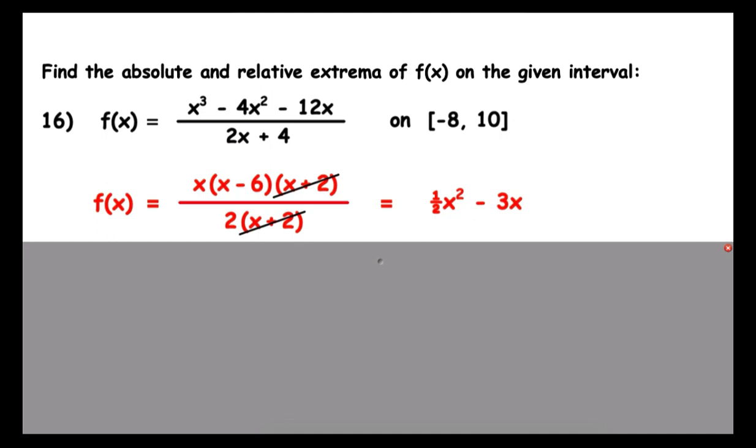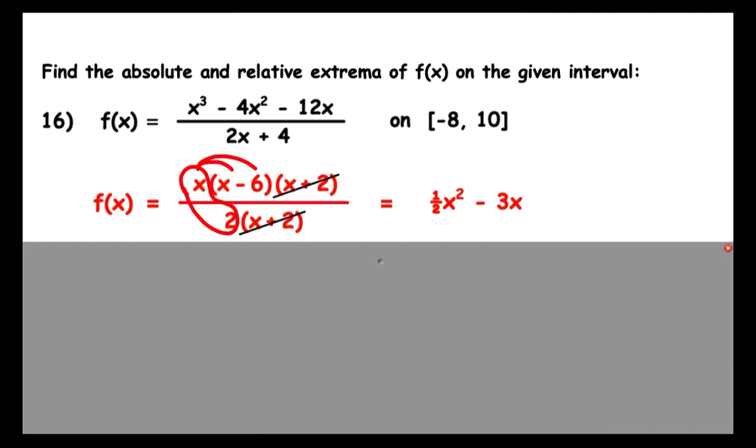The x plus 2's are going to cancel out. That'll just give you 1/2 x. And if you take the 1/2 x and distribute it, you're going to get 1/2 x squared minus 3x. So that original problem got majorly rewritten before we ever started.